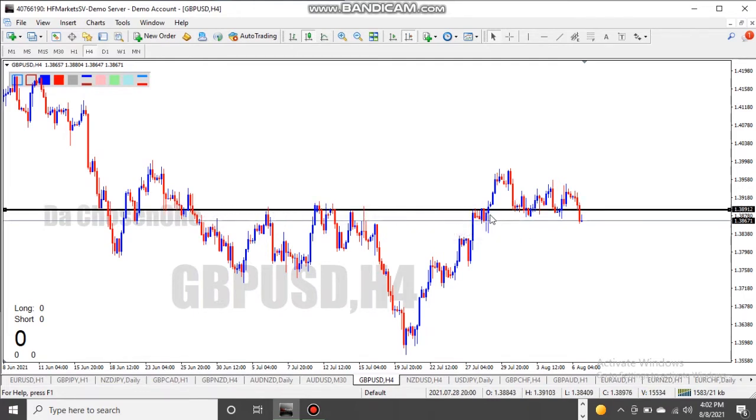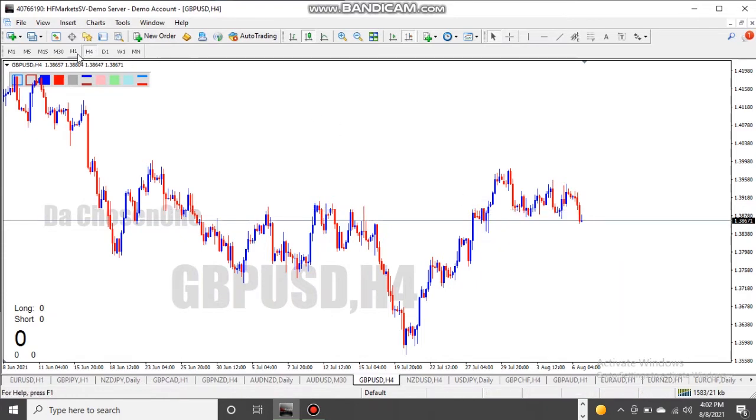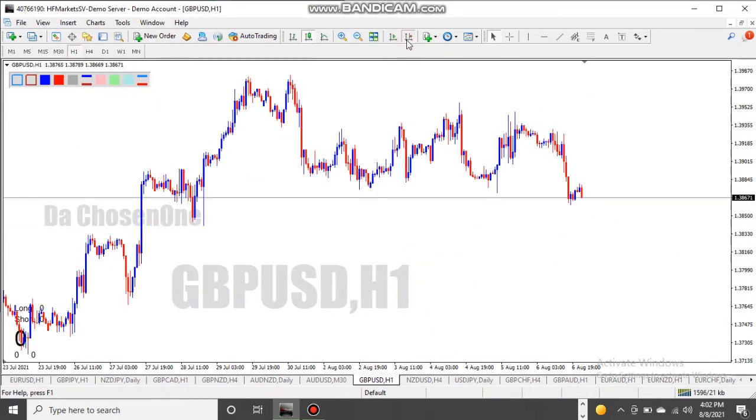This is an SR flip, and in SR flip areas you usually find FTRs, and this is an FTR. So let's go to the lower time frame. You can see that this is our FTR over here.